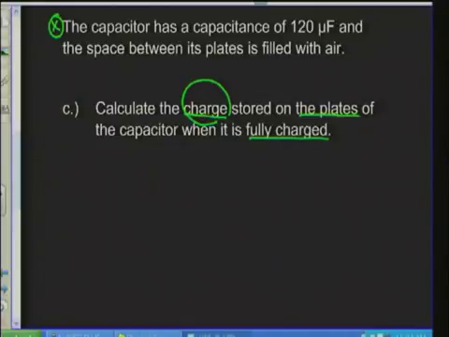And we are told here that the capacitor has a capacitance of 120 microfarad. So we can use this equation that says capacitance is equal to charge over the potential difference.